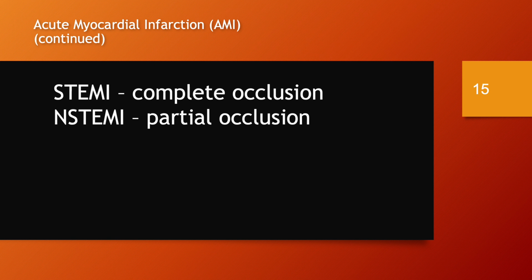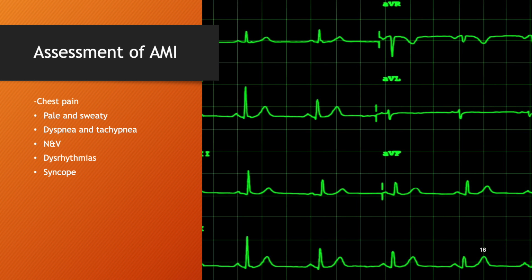And we call acute myocardial infarction a STEMI or non-STEMI heart attack. STEMI means there's a complete occlusion, and non-STEMI means there's a partial occlusion. So here's a picture of an EKG.